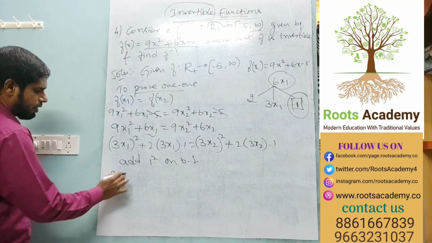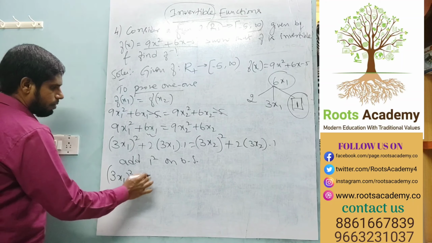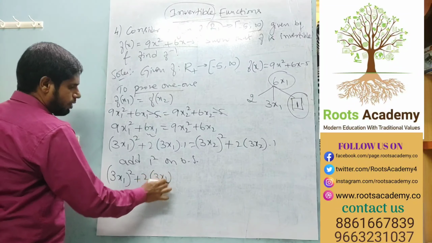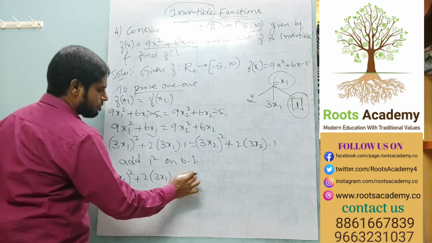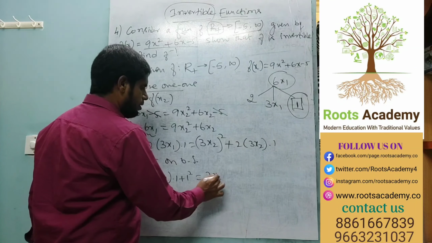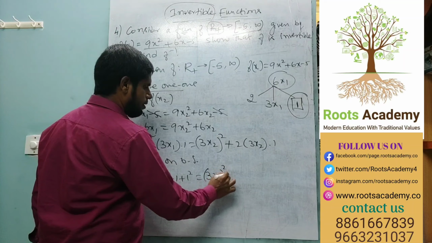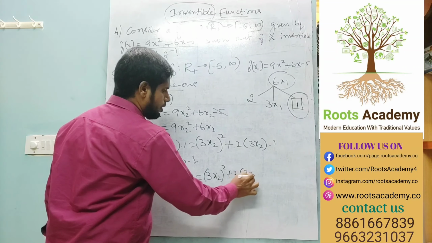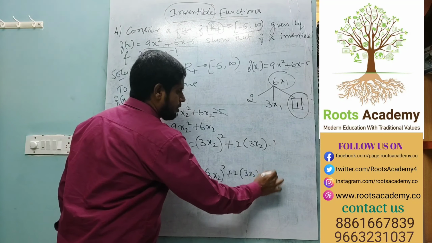So this becomes 3x1 whole square plus 2 into 3x1 into 1 plus 1 square, equal to 3x2 whole square plus 2 into 3x2 into 1 plus 1 square.